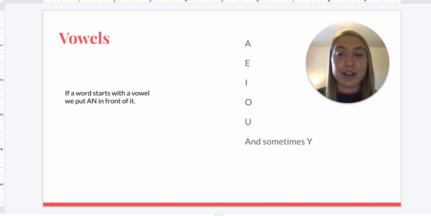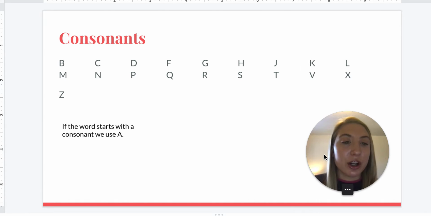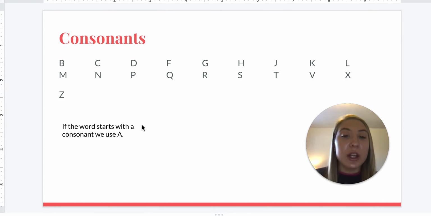All right, so now let's go over consonants. So remember, with an, we use vowel. When we see a noun that starts with a vowel, we use an. But if we see a noun starting with a consonant, we use the word a.